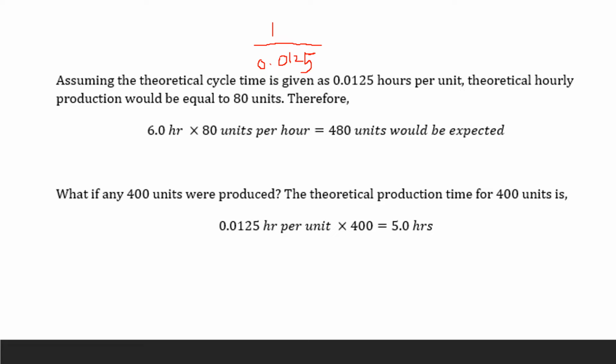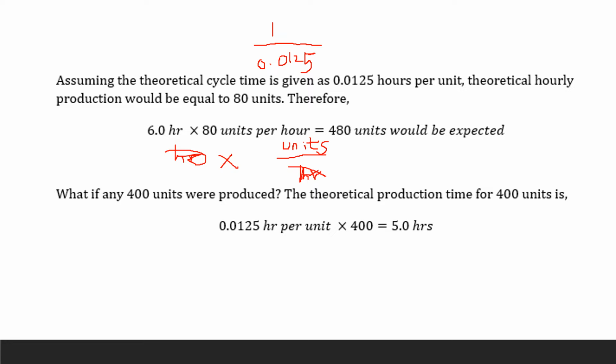What I'm trying to tell you is your hour is times your units, so units per hour. You multiply 80 and 6, so you definitely get 480. We get a new unit because the hours cancel out, so you get 480 units.